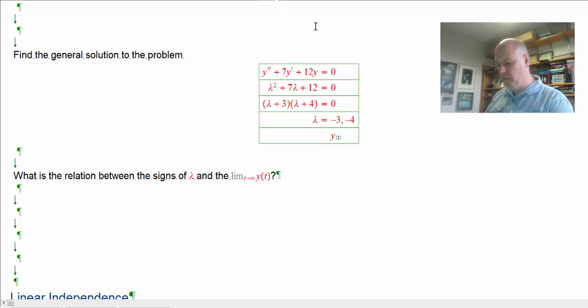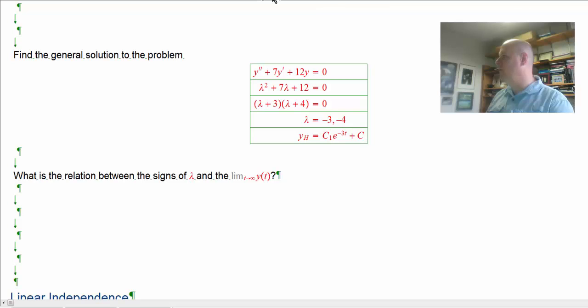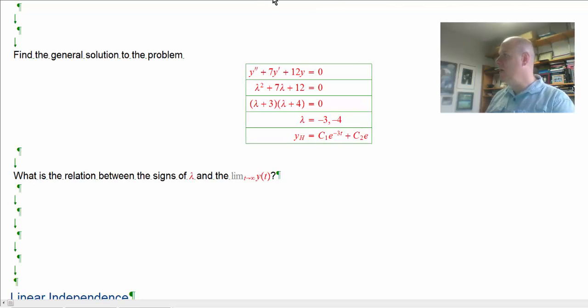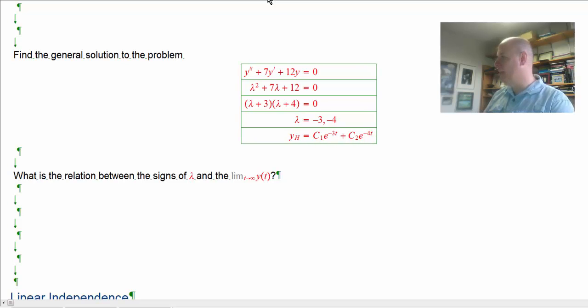The homogeneous solution is equal to some constant e to the -3t, there's the first solution, plus some constant e to the -4t. Done. We've solved this differential equation.